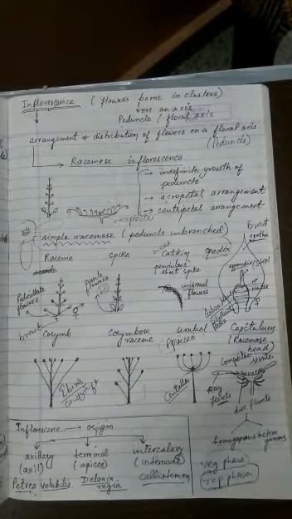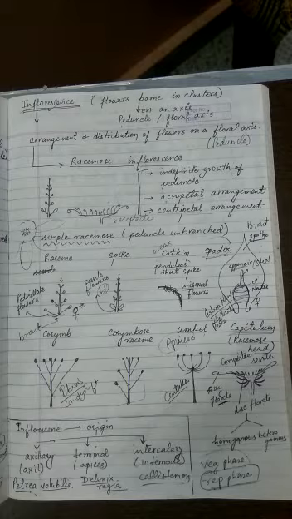Remember that these flowers will be called florets. They are sessile, bracteolate, centripetally arranged florets of two types, ray florets and disc florets. Example, sunflower, and the easiest examples are sunflower as well as marigold.